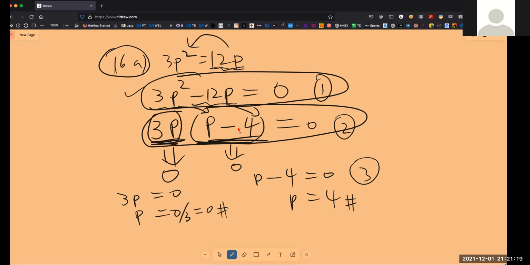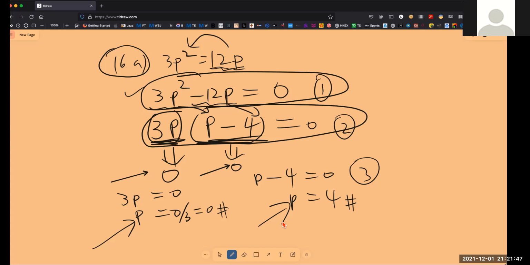So you just equate both of them to 0 here and here. Yeah, okay, I understand. So once you equate both of them to 0, you end up with p equals to 0 for the first answer, and then this will be the second answer for p. So far so good?